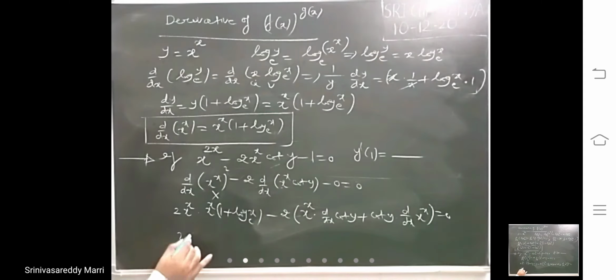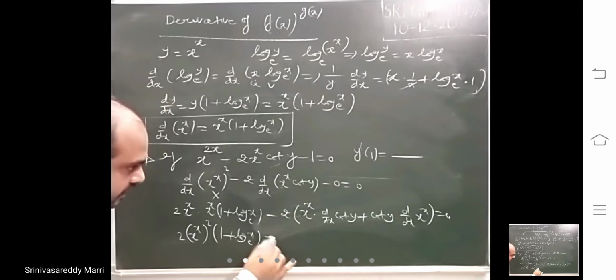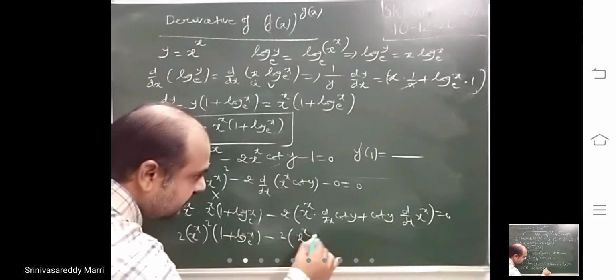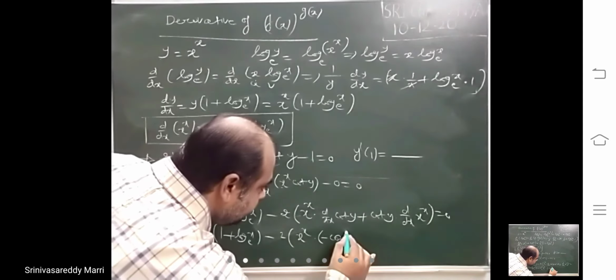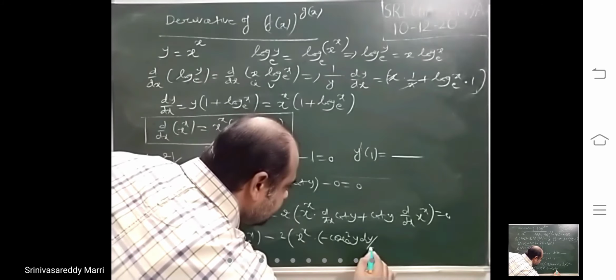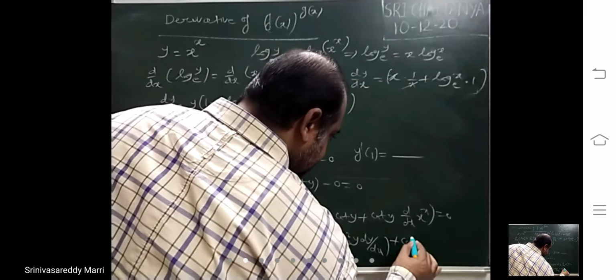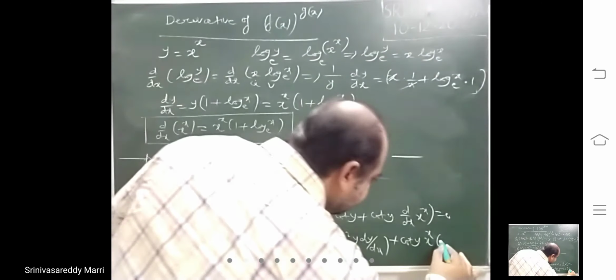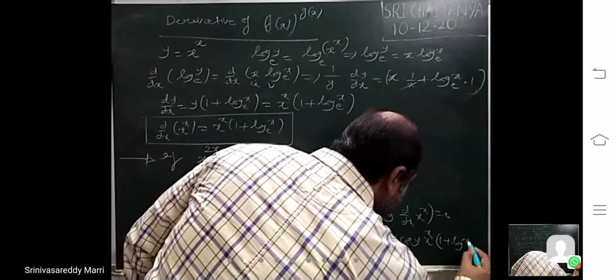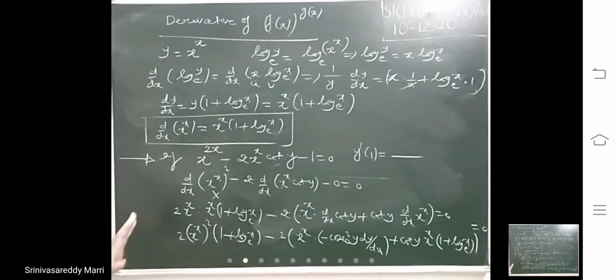That means 2 into x power x whole square into 1 plus log x, minus 2 into d by dx of cot y, which is minus cosecant square y into dy by dx, plus cot y into x power x into 1 plus log x, equal to 0. Now you got the equation.